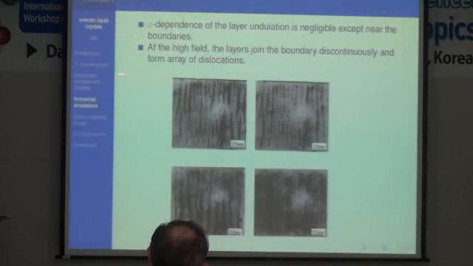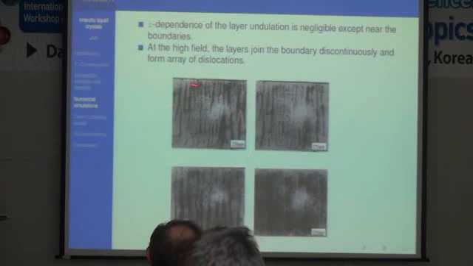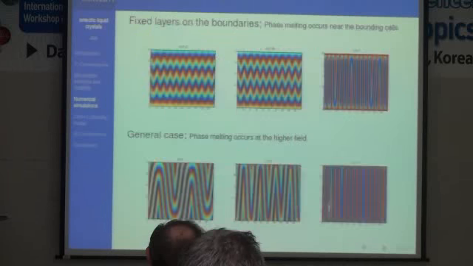So this is the experiment. In the two-dimensional experiment, the vertical dependence of the layer undulation is negligible except near the boundaries, and near the boundaries they expect the layers to join the boundary discontinuously and form an array of dislocations. So this is what we have.